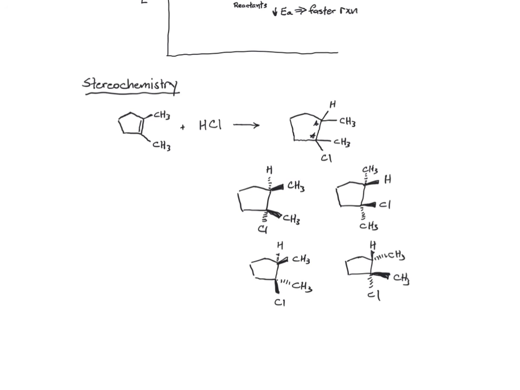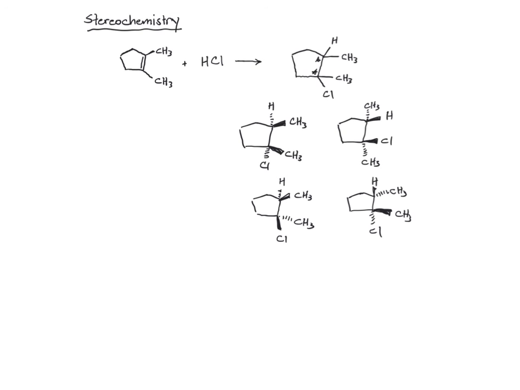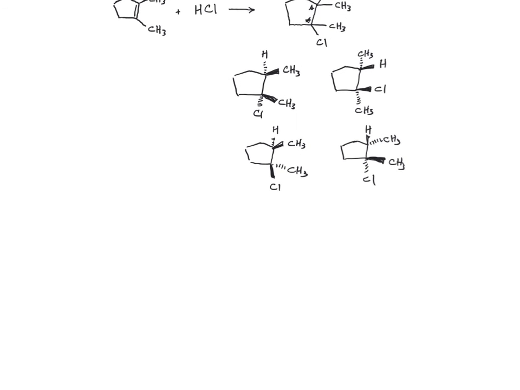Now, there are going to be some cases where we don't have a whole bunch of diastereomers forming, but rather just two possible enantiomers. So let's make it a six-membered ring.